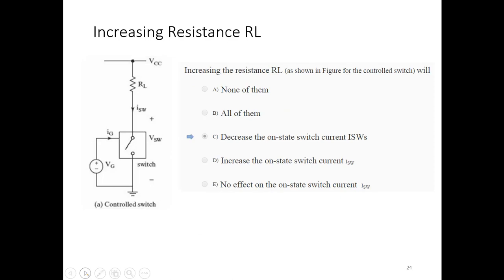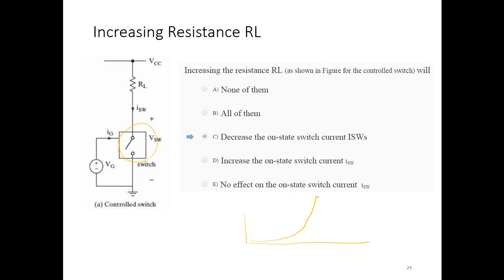Increase in resistance: if you increase the resistance, what will happen? When the device is turned on, it's like a small diode. If you have more current, the drop across the device becomes larger.